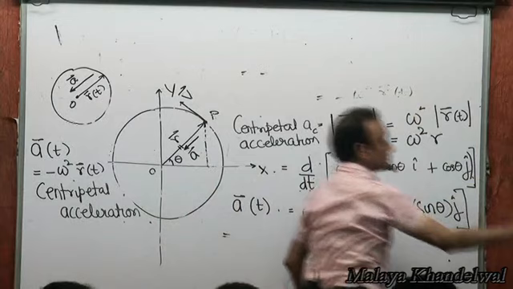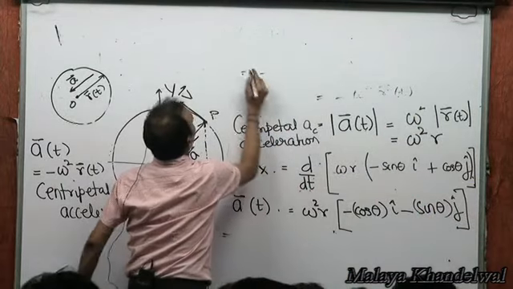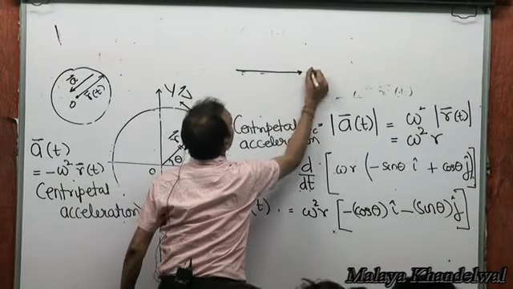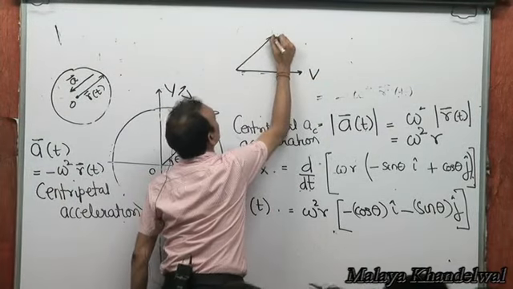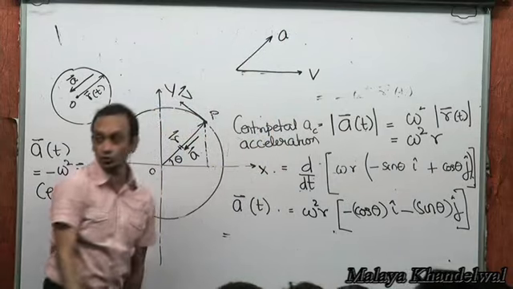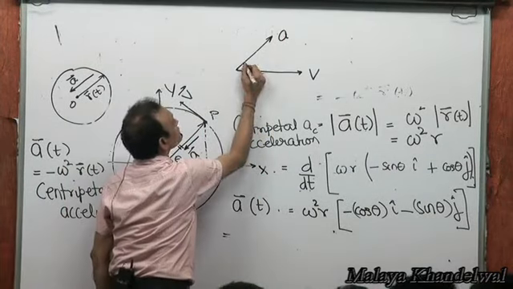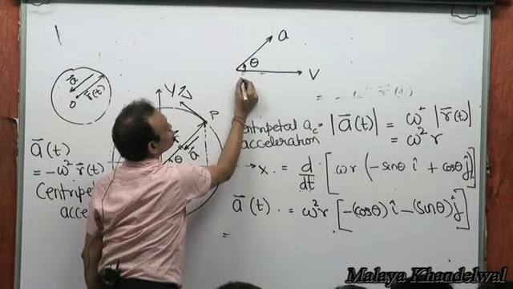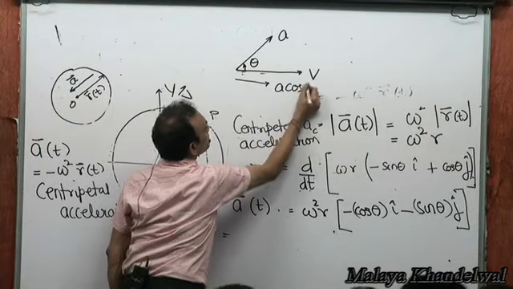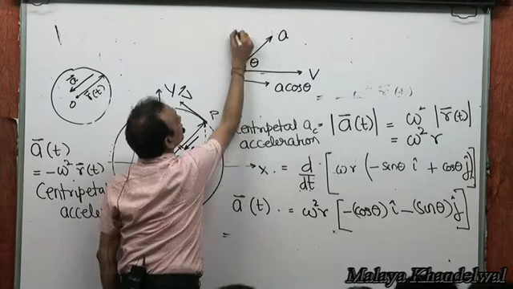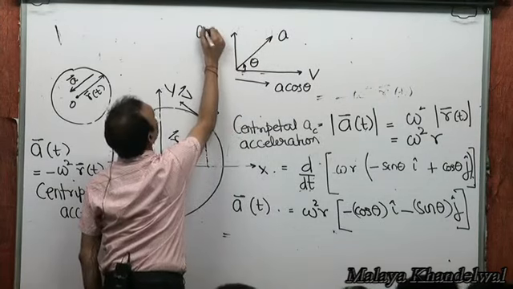say, if a particle has a velocity v like this, in this direction of magnitude v. And if the acceleration is neither along v nor perpendicular to v, suppose it is at an angle theta with respect to v, then acceleration could be resolved along v as a cos theta and perpendicular to v as a sin theta.